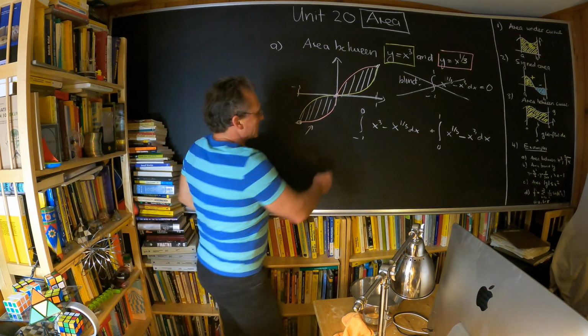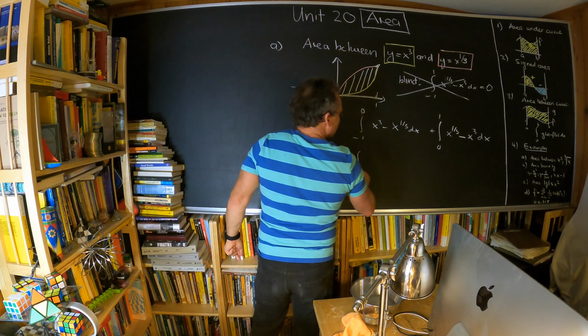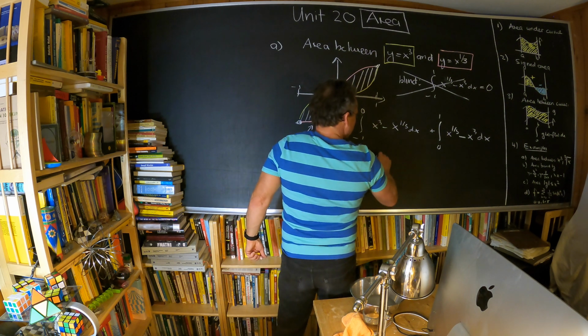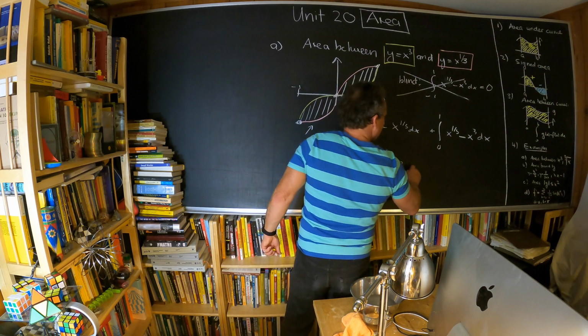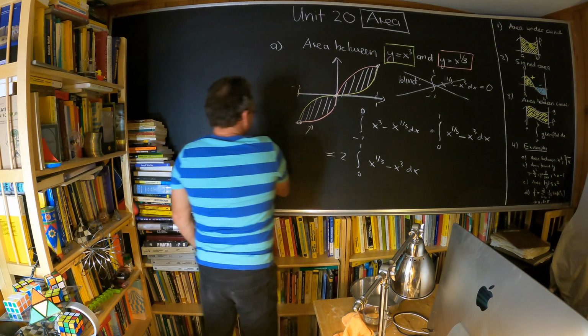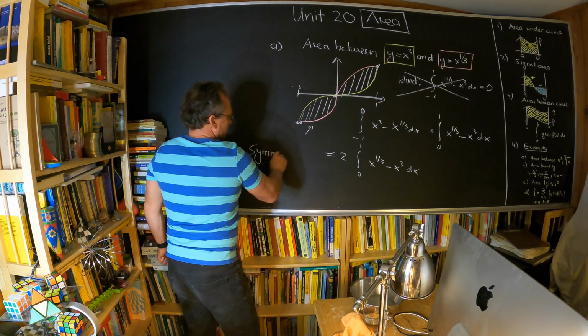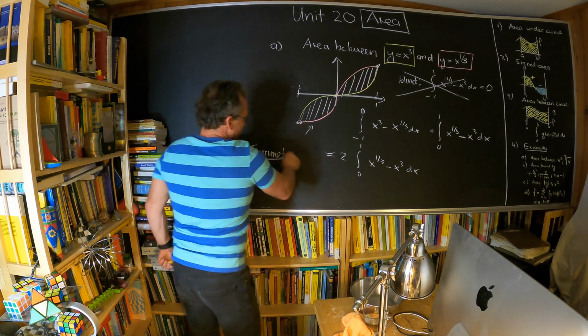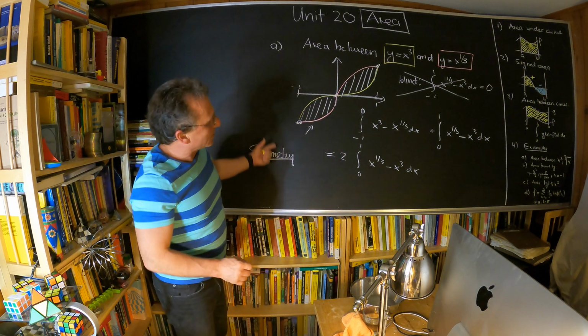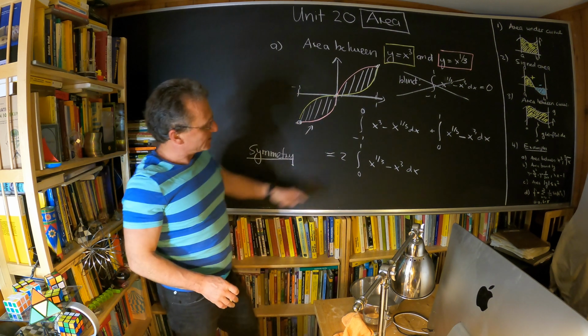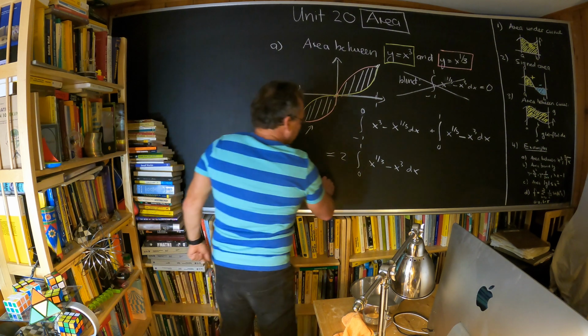Another possibility is that we say this is 2 times the integral from 0 to 1, x to the 1/3 minus x cubed dx, by symmetry. Symmetry often allows you to make computations a little bit easier. And in this case, we have no problem to integrate this, right?